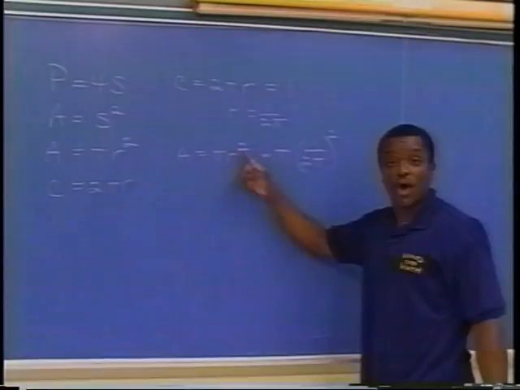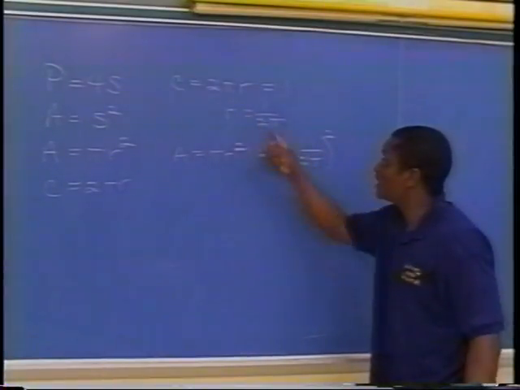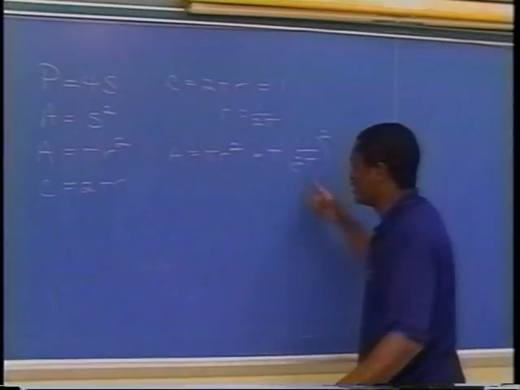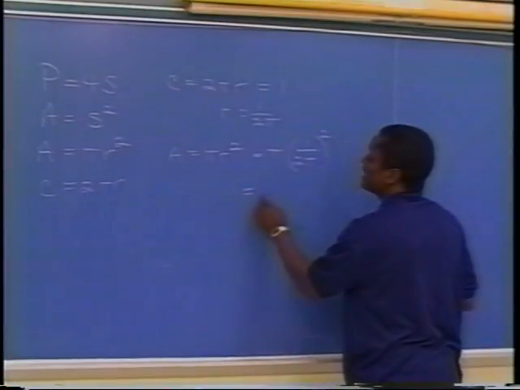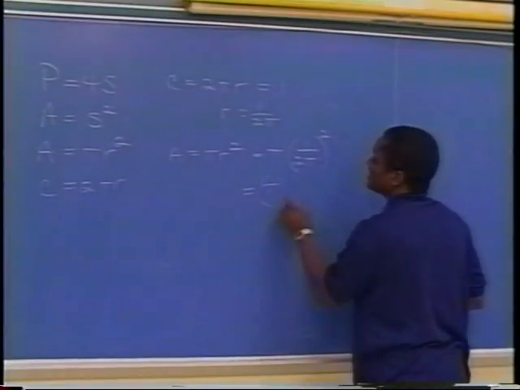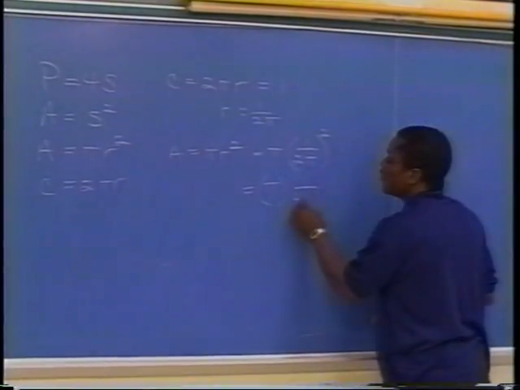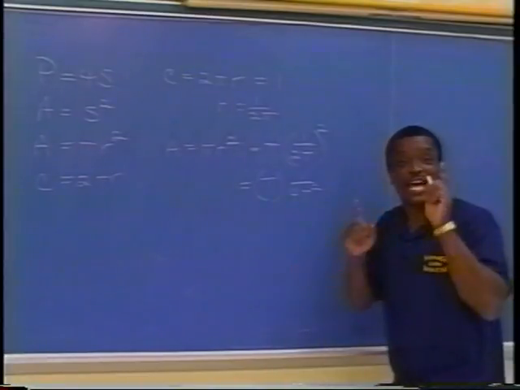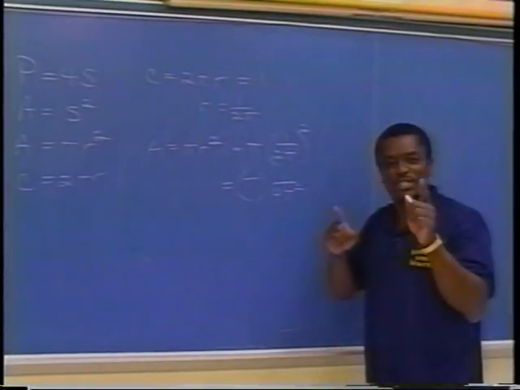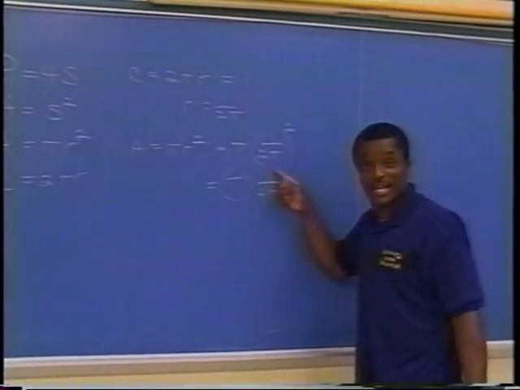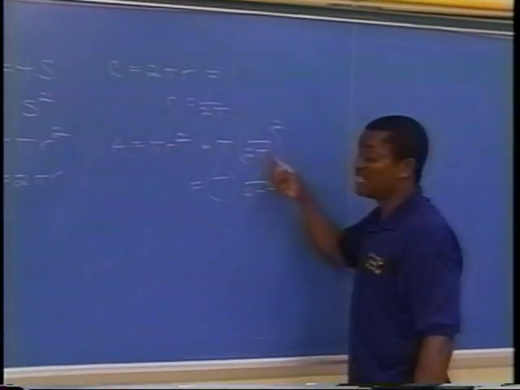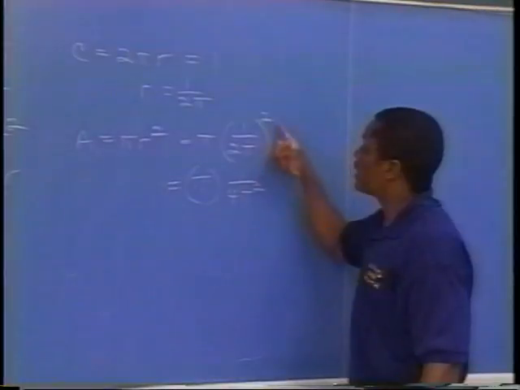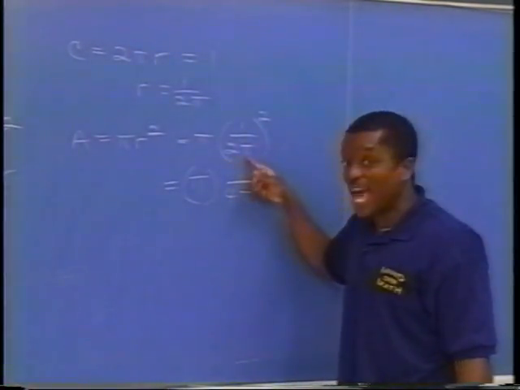Pi times r squared. Here's our r, and we're squaring it. You see that? Sure you do. Let's simplify. This becomes pi times 1 over 4 pi squared. You have to be careful. Most students forget that when you're squaring a fraction, in this particular instance, where there's a product in the denominator, we're actually squaring every factor.